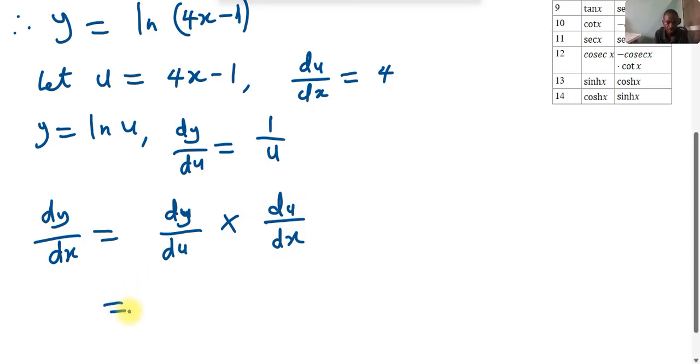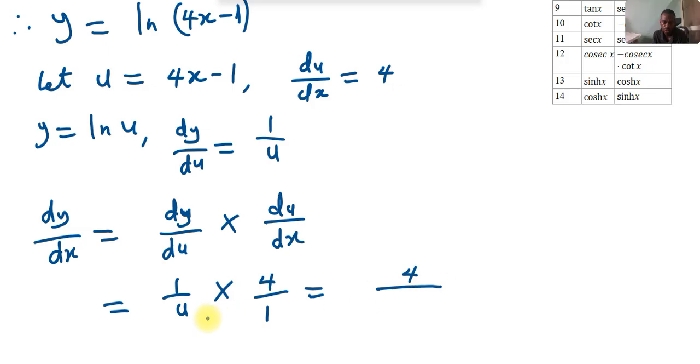So in that case, what's my dy/du? dy/du is here, and it's 1 over u. So I'll write 1 over u multiplied by du/dx, which gives us 4. I'll put that as 4 over 1. Then 4 times 1 is 4, and u times 1 is u.